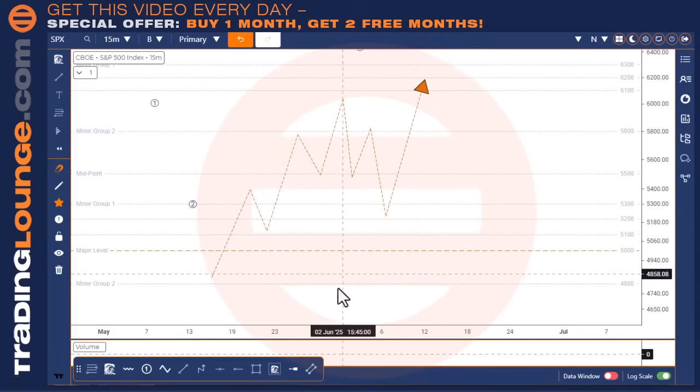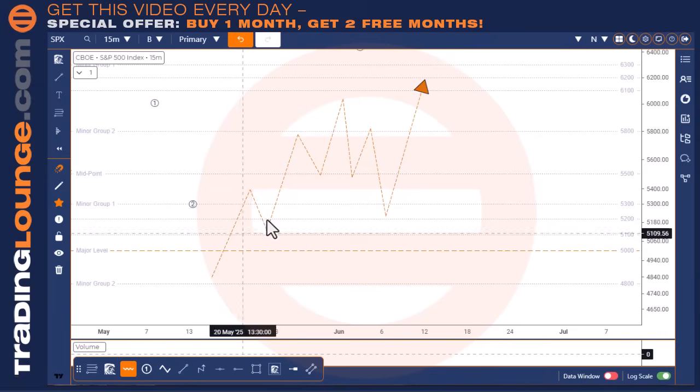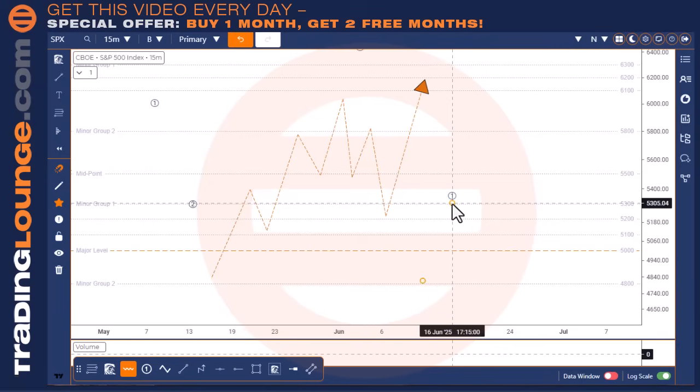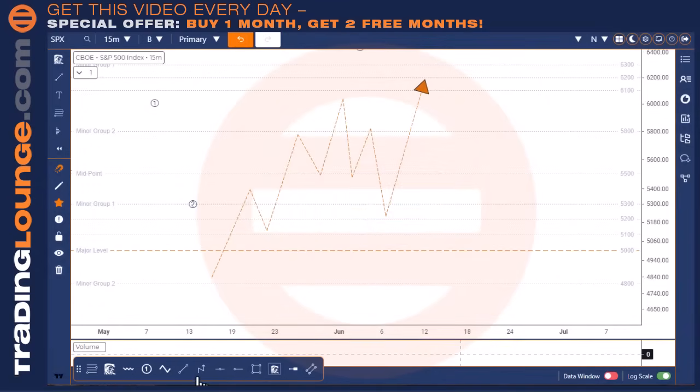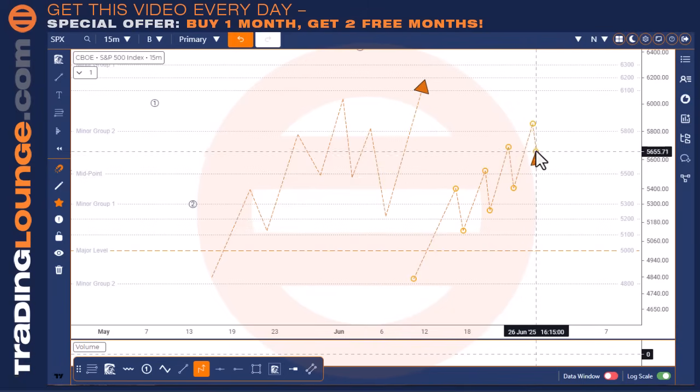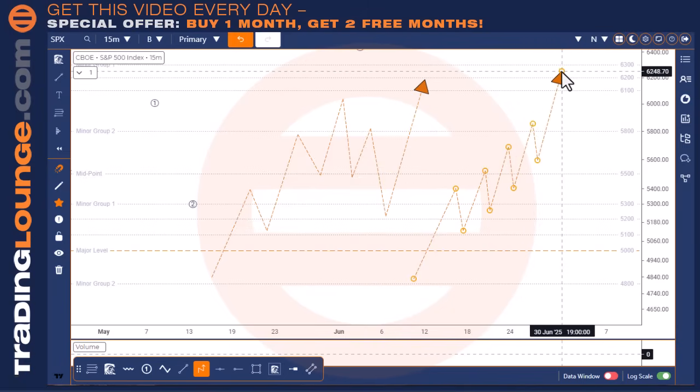Now, the other way that the markets can move instead of having this 5 waves is, whoopsie daisy, I'll just need to delete this now, so just bear with me, and I just need this drawing tool. So the other way it can count is up here for wave 1 and 2 here, and then 1 and 2 and 1 and 2, and doing this sort of thing, and then moving up into third waves at this point. So we need to be a little bit mindful of that with stocks.